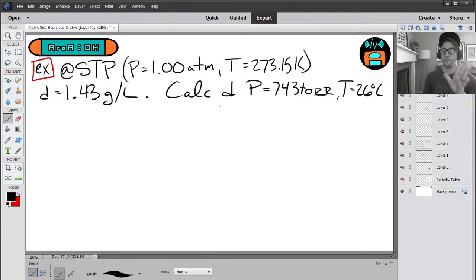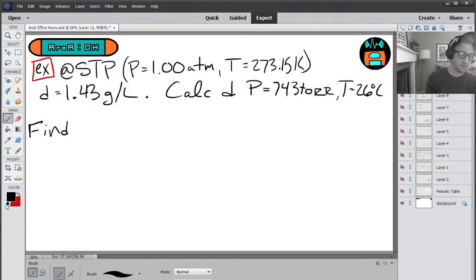All right, so whenever you start, this problem looks bewildering, right? How are we going to possibly calculate this? Well, start with what you're trying to find. All right, what are we trying to find here? We want to find density. All right, now what is density?